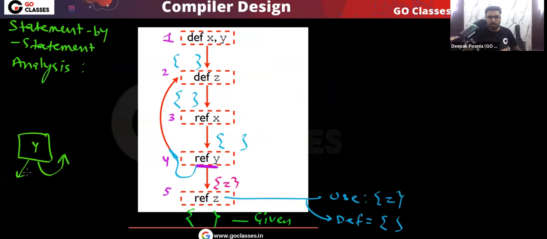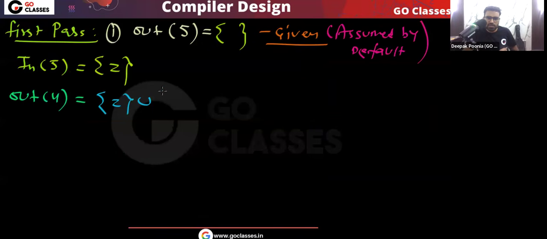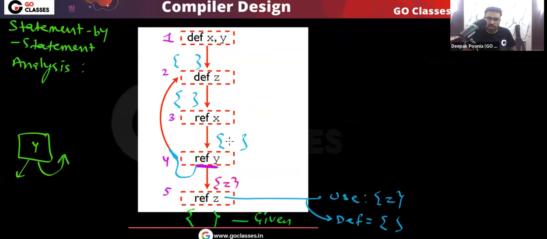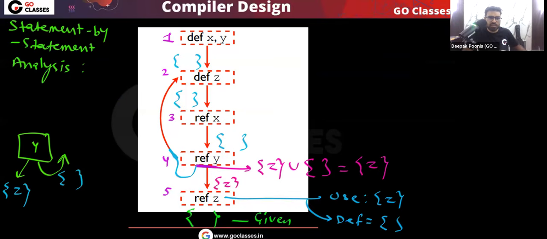Now you tell me for this 4, what will happen? z union empty, so finally it will be z only. So in the first pass, out of 4 will be z, because on one outgoing edge z is alive, on another outgoing edge nothing is alive.